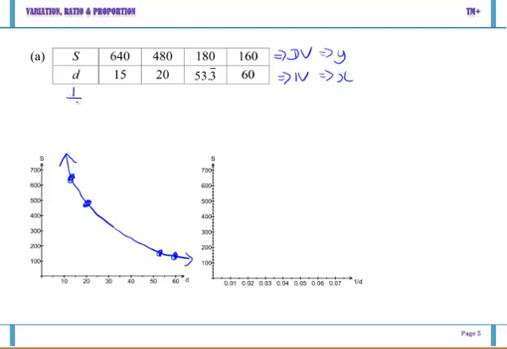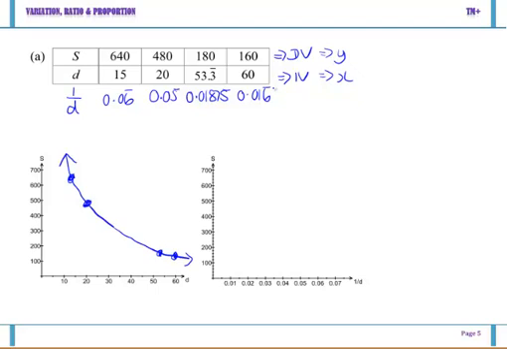If I come back to sketch 1 over d, so now I'm doing 1 divided by 15, I get 0.06, 1 divided by 20, 0.05, 1 divided by 53.3, I get 0.01875, 1 divided by 60, I get 0.016 recurring.